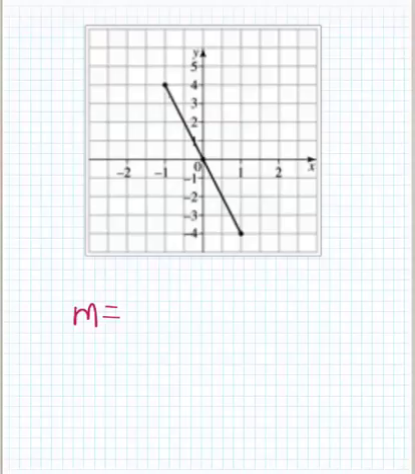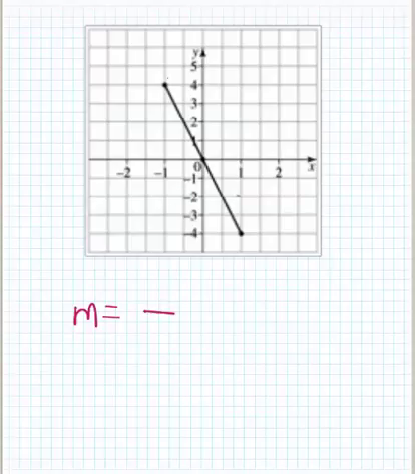You can see we're going down the hill, because if we start from this side, up the hill and then down the hill, we are going down. So when you see that, your first step is to say we have a negative gradient. Our gradient will have a negative value in front of it. Now that we've established it's negative, you can forget about any positives or negatives. We know the gradient is negative.